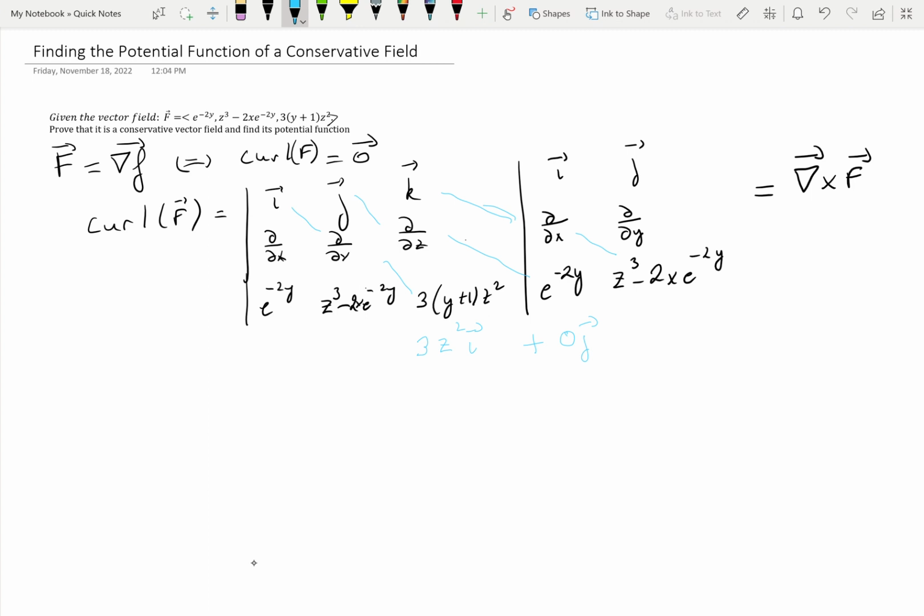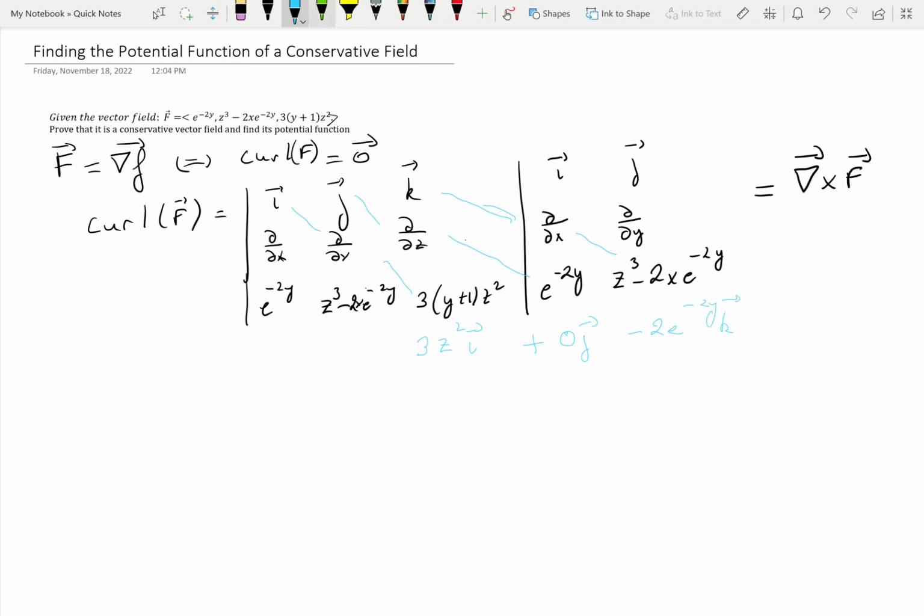When it comes to the x variable, z cubed is treated as a constant, so its derivative is 0. The 2 and the e to the minus 2y are treated the same way, because they are both constants. So it's just taking the derivative of x, which is 1. So it's going to be minus 2e to the negative 2y k.